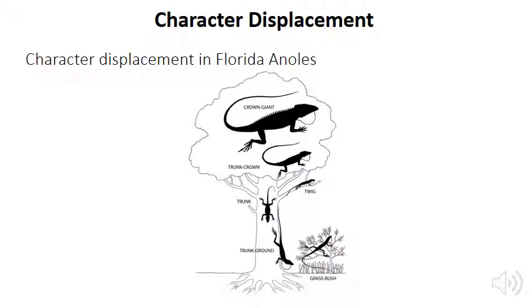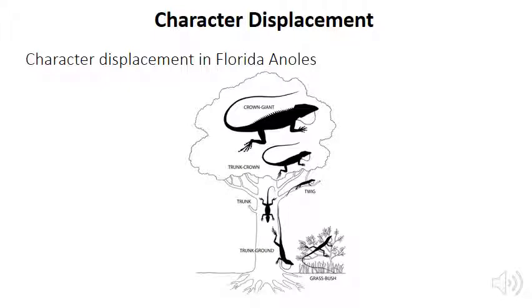I'll finish with this example from Jonathan Losos, displaying the many different species of anoles in Florida. These are very similar species of lizard that manage to co-occur by having very slightly different niches. There are slightly larger lizards that occur in the canopies of trees, feeding on larger insects.